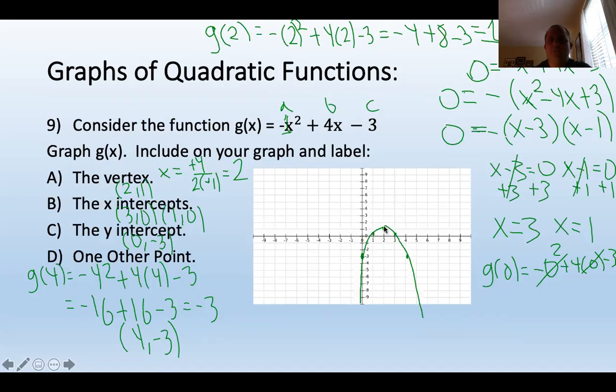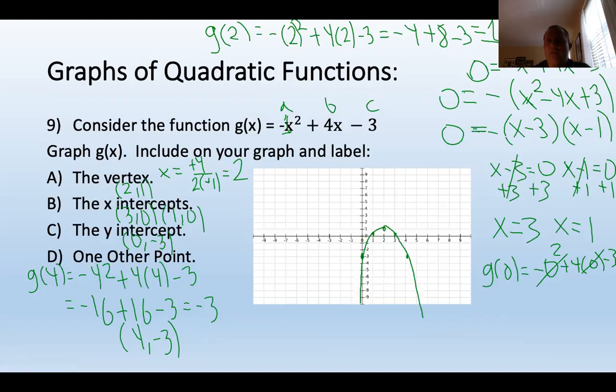That's right here. The x-intercepts are the x-coordinates that you get when you set 0 in for y. And so over here, I substitute 0 in for y, and we have 0 equals -x squared plus 4x minus 3.